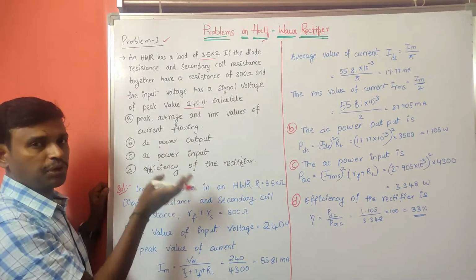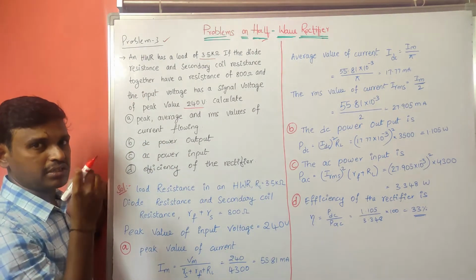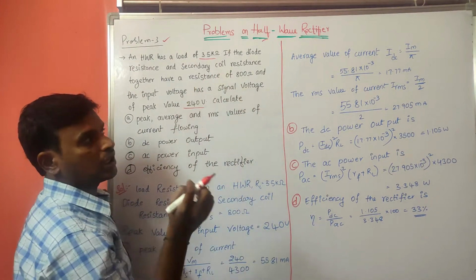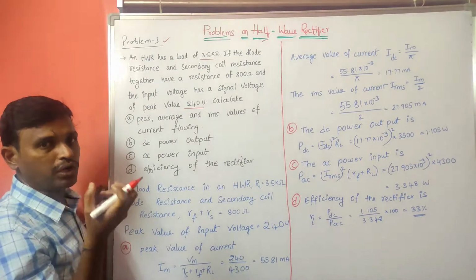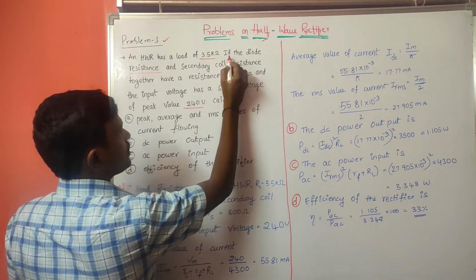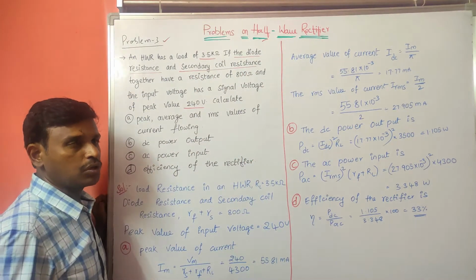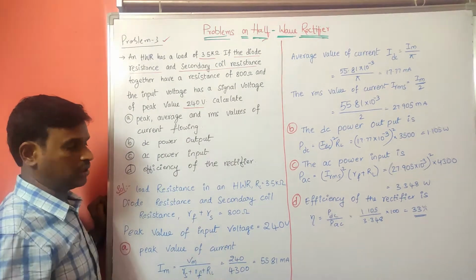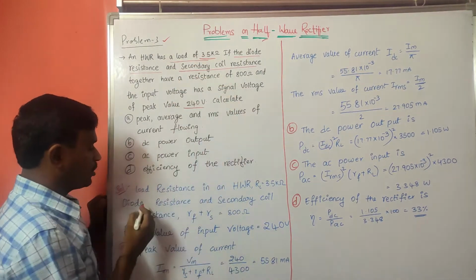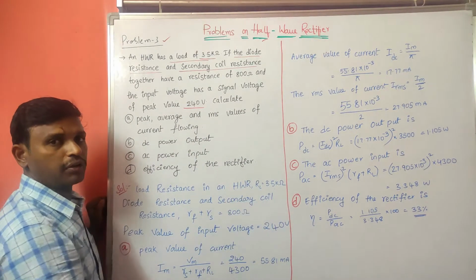So this is nothing but the previous problem we have discussed, the same model, but one difference is there. Previously only the diode resistance was given, but here both the diode resistance and the secondary coil resistance are given. Okay, so what is the given data? First we have to write that. The load resistance in a half-wave rectifier, RL, is equal to 3.5 kilo ohms.